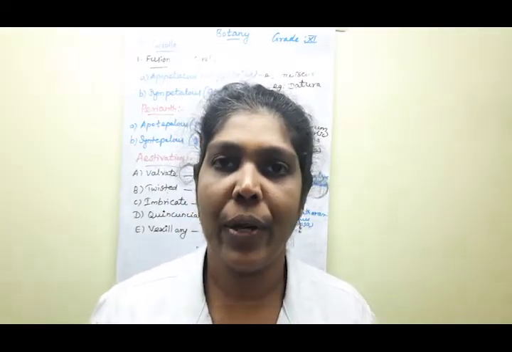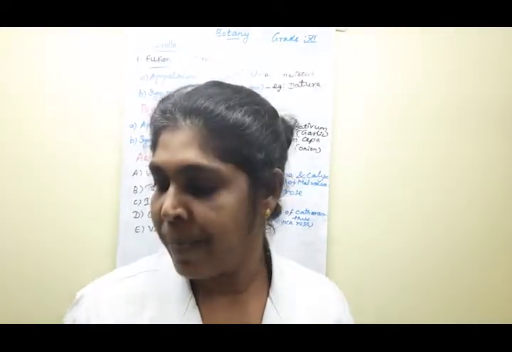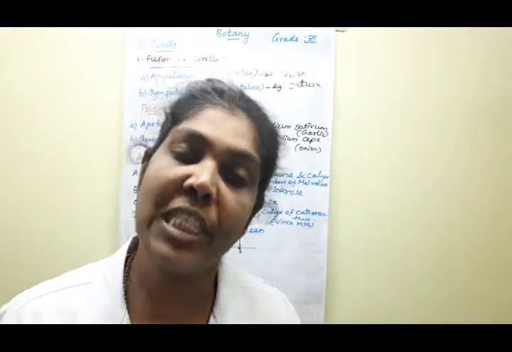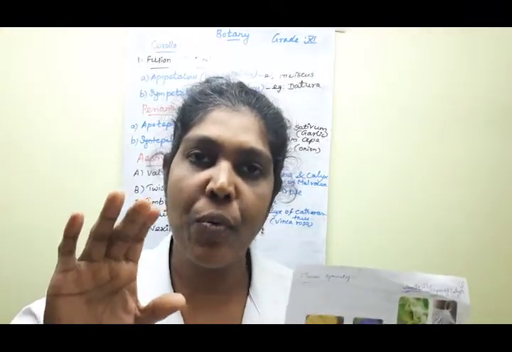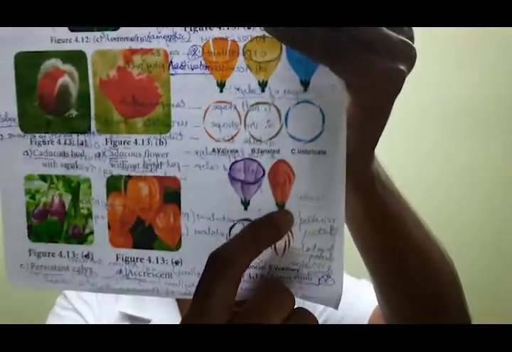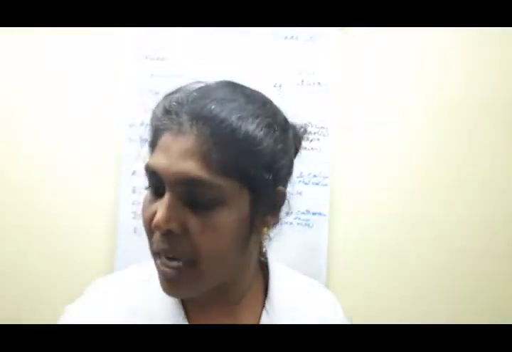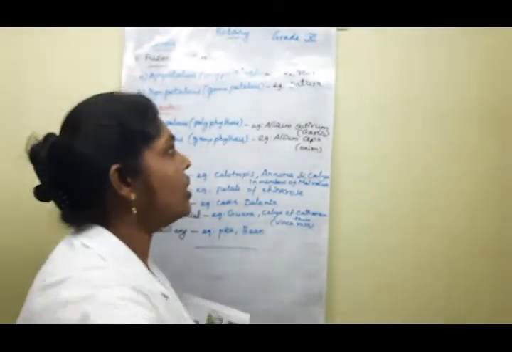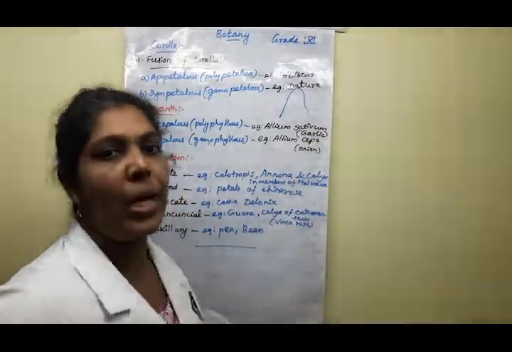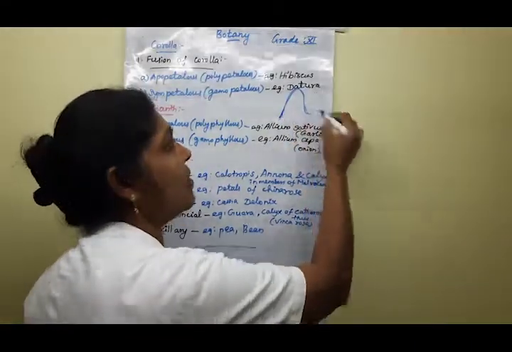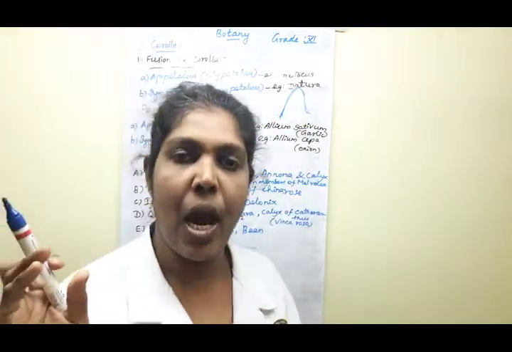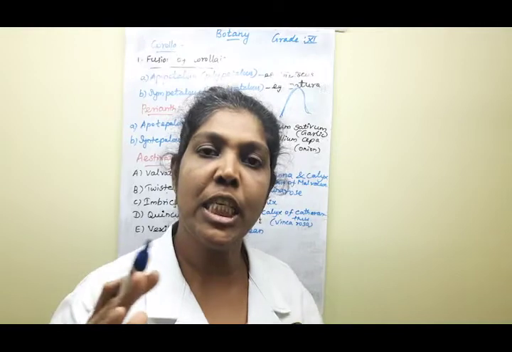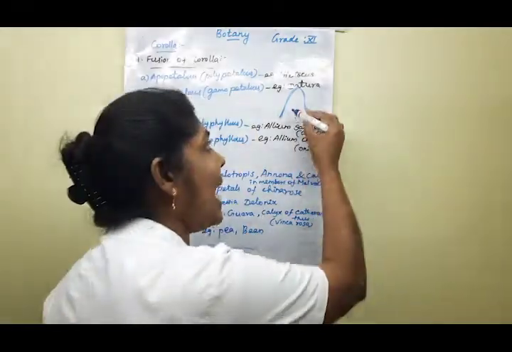Yes, good. Okay. Next, the last type is the vexillary type. Vexillary type means, all of you listen now. First, the posterior position. Just see, this is the posterior position. In the posterior position there is one large petal. This large petal or sepal is overlapping the lateral petals.